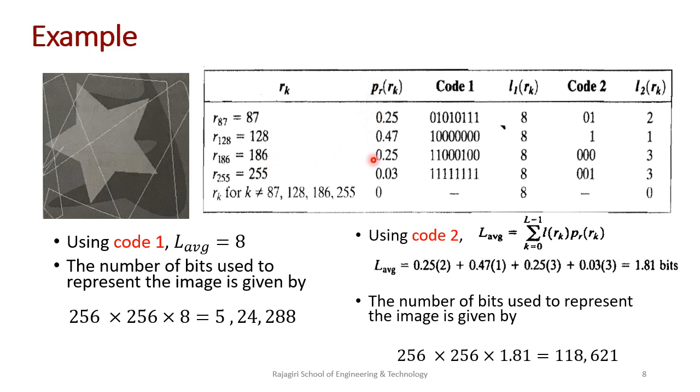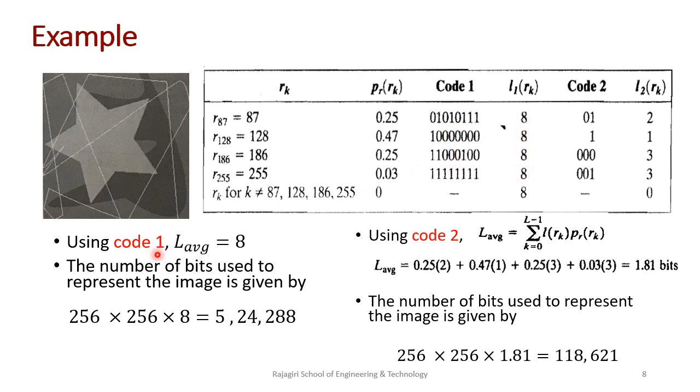The second column shows the probability of finding each intensity level in the given image. Code 1 is an example of a fixed coding scheme in which each intensity level is encoded using a fixed number of bits. Here in this case it is 8.